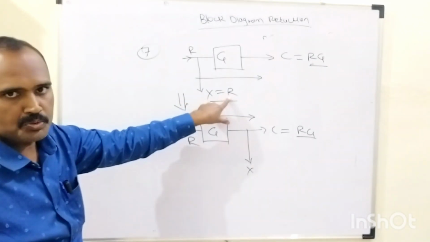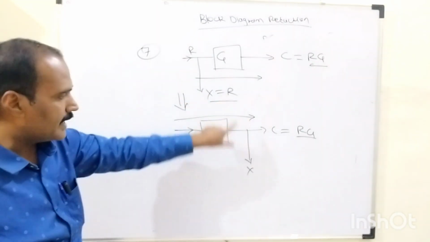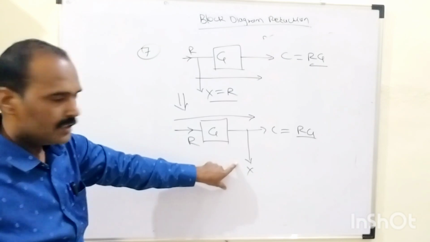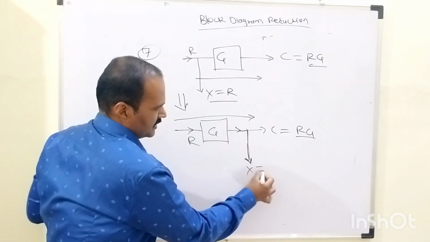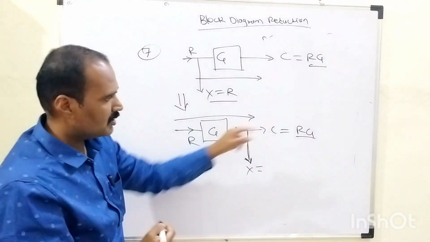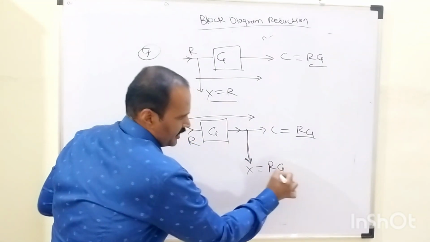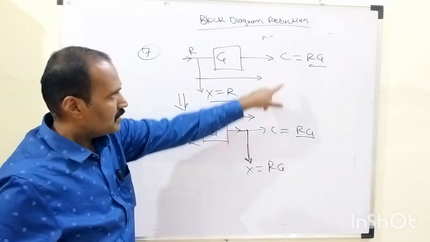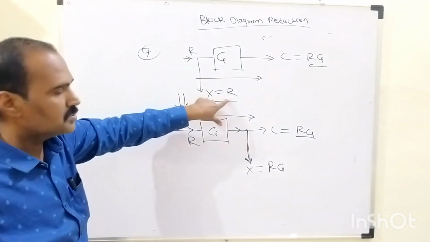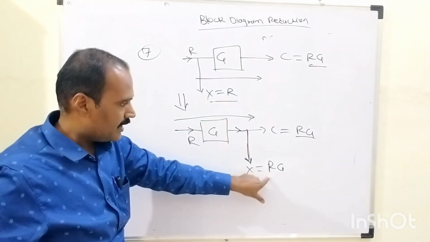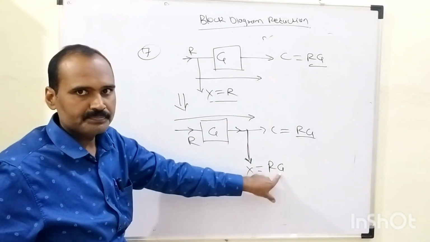We want X equals R. In this case, the output of this block is the magnitude present at this X, so it is R into G, which is not equal to the previous case. What we want is X equals R, but currently we have X equals R times G, right?